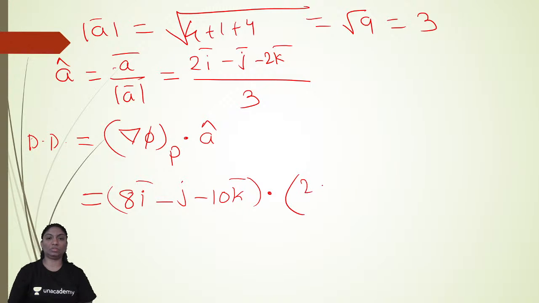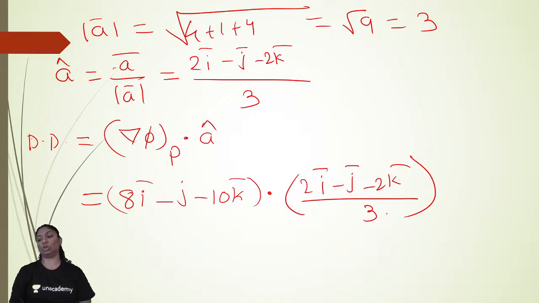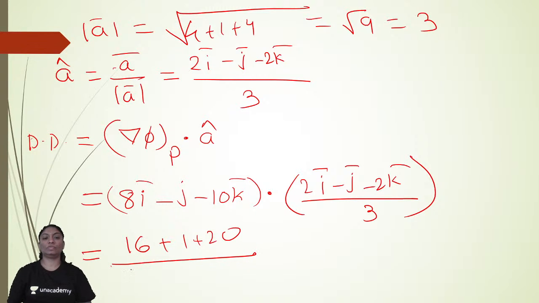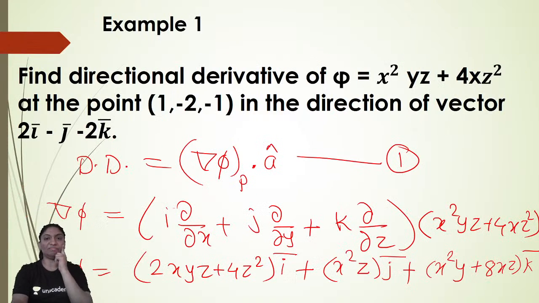Dot a cap, that is 2 i bar minus j bar minus 2 k bar upon 3. We will take the dot product. We know that dot product with itself is 1 and with others is 0. So 8 i bar dot 2 i bar, that is 16, plus 2, plus 16, so we get 34 by 3, the directional derivative for the given scalar function phi is equal to x square yz plus 4xz square.